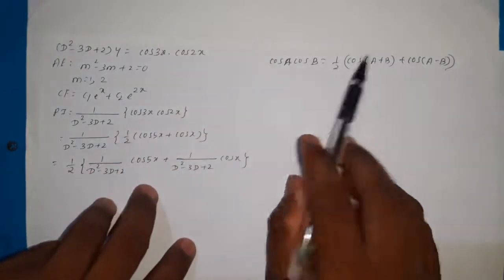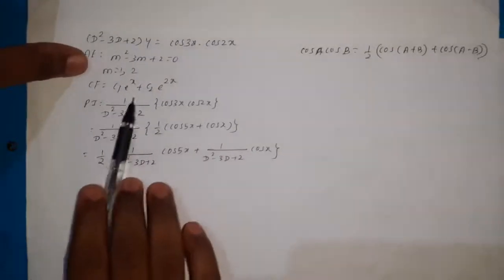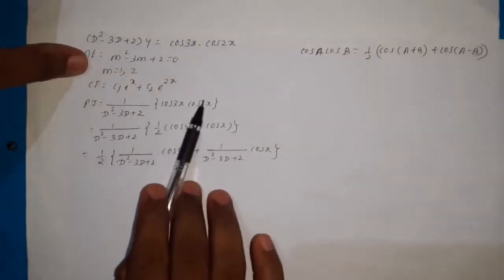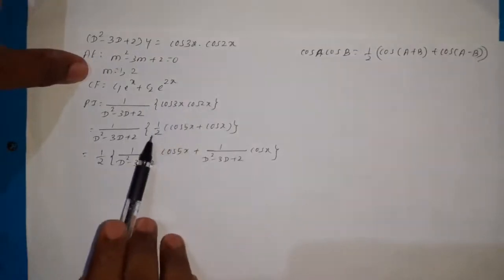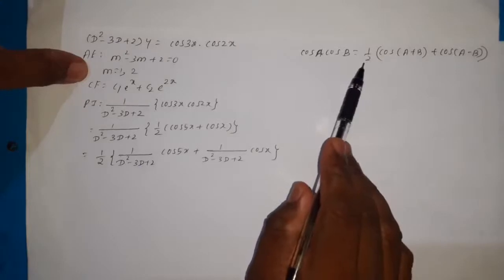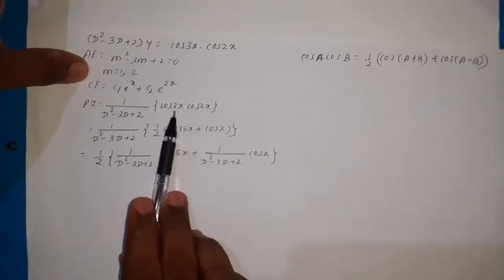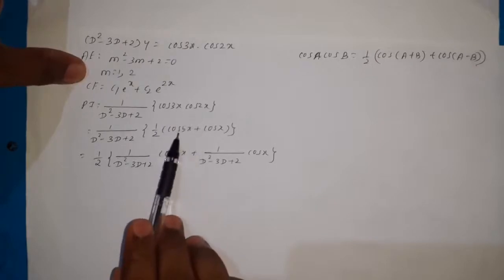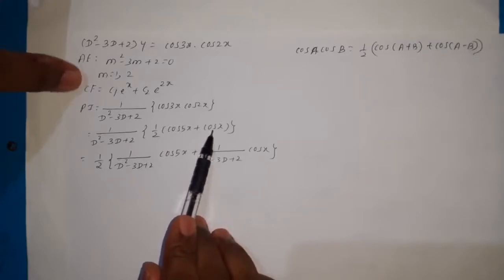So now we get here particular integral is 1 by f of d into that function on RHS. Now this function can be written as 1 by 2, that is in the formula, then cos of A plus B, that is cos of 3x plus 2x, cos 5x, and cos of A minus B, that is 3x minus 2x, which is equal to cos x.